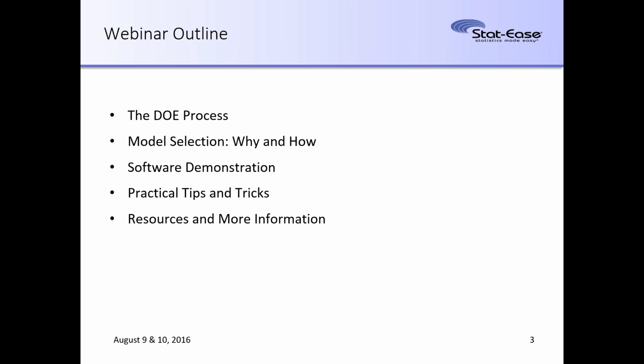Then I'll talk about the actual background behind model selection, focusing on why and specifically how, including automatic model selection. I'll do two examples that are a little bit more complicated in the Design Expert software at the very end, and then we'll conclude with some hints, practical tips, and tricks that you can use when you're on your own.